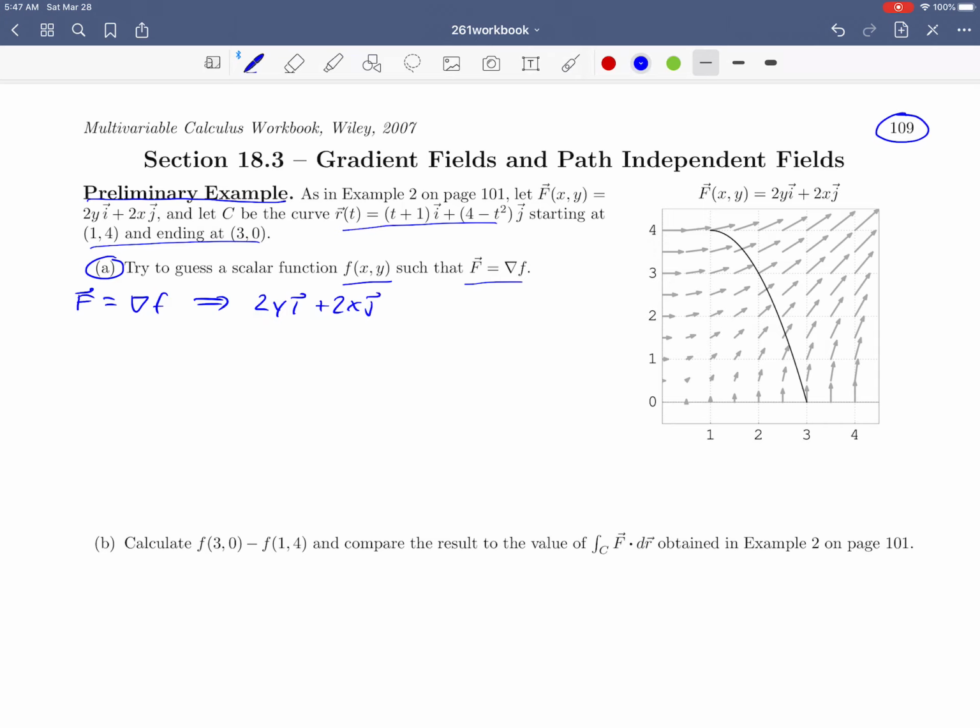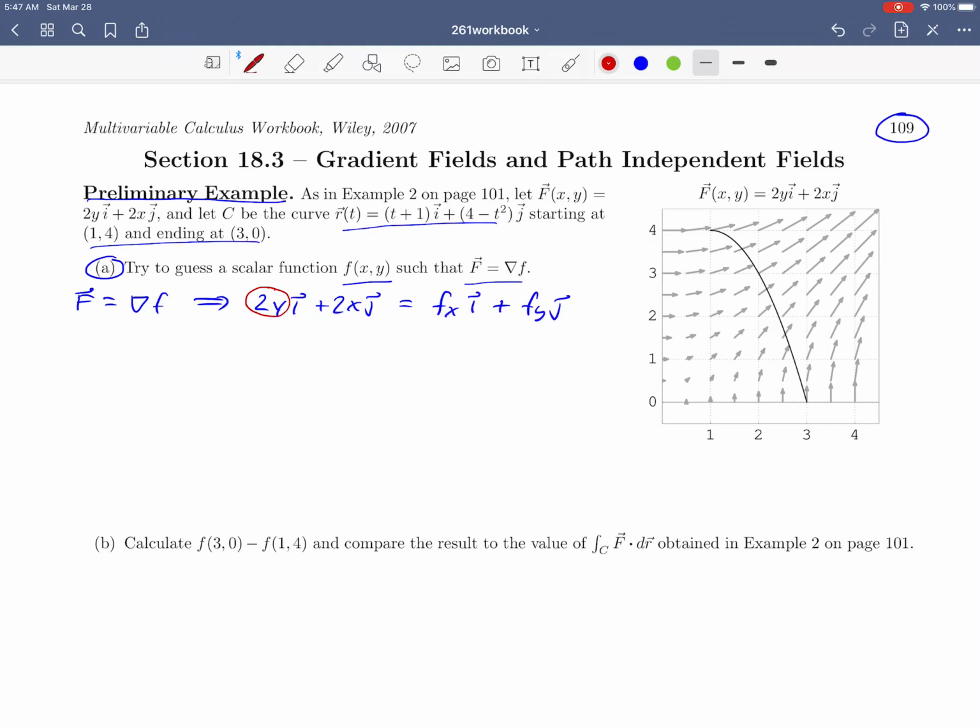Okay, we already know what our vector field looks like, so the left-hand side of our equation is just 2yi plus 2xj. That was given in the problem. And then we have to remember what the gradient of a function is. Remember that that's just a vector that has partial derivatives as its components. So the gradient of f would just look like fx i plus fy j.